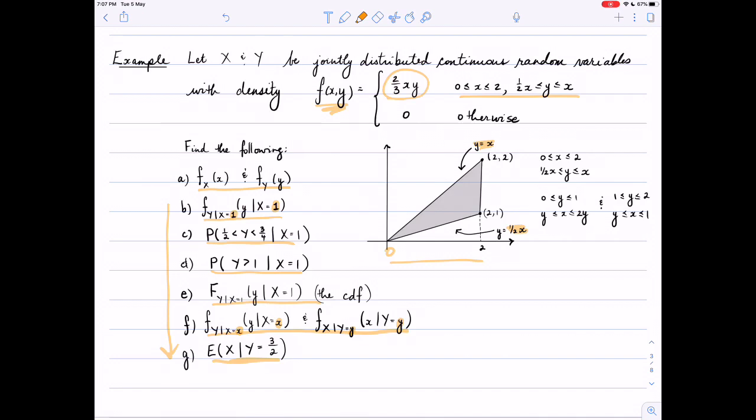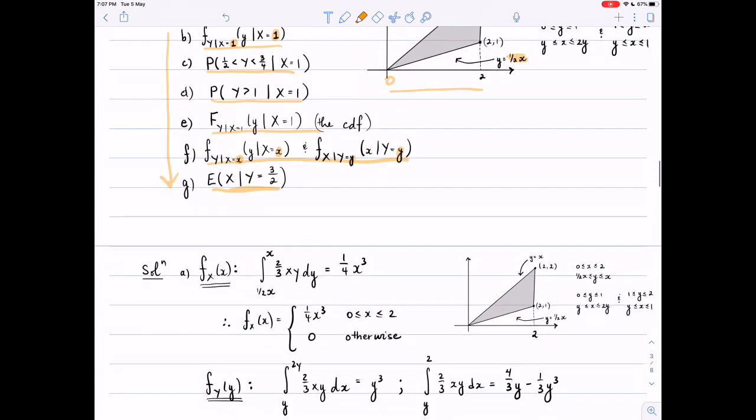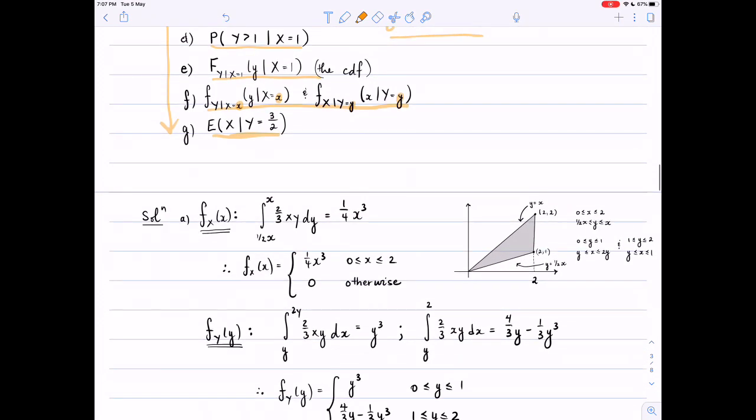So let's start with the marginals. If we want the marginal f sub x, we are integrating out the y. And so that means for any y value, we're integrating from 1/2 x to x of the density. We're integrating out the y, and you end up getting the marginal.